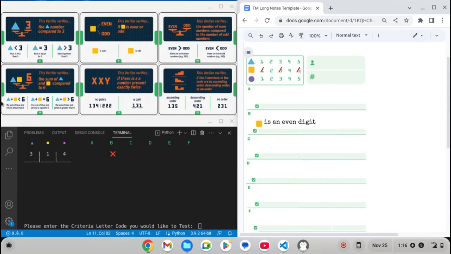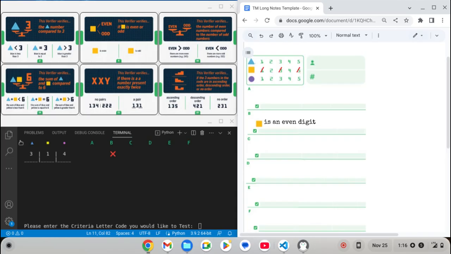Now, we do have criteria card D, where we have the sum of the first 2 digits. Luckily, we've already established square to be even. So if it is to be equal to 6, that would mean that the other digit would have to be the other even.